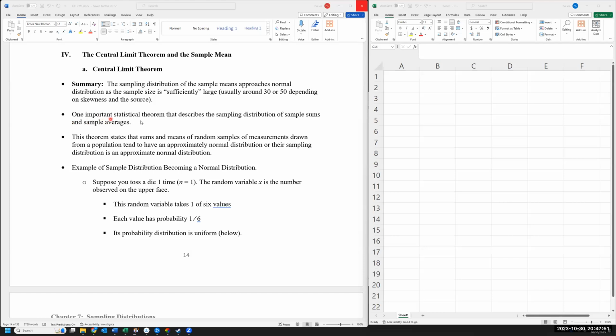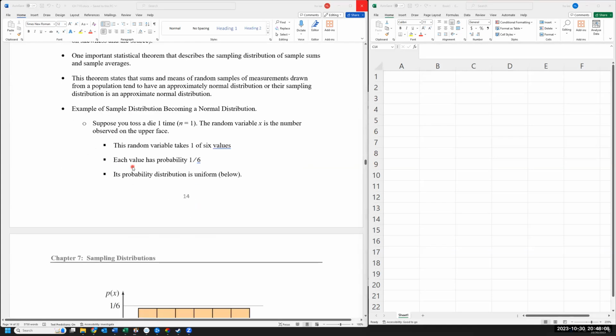It is one important statistical theorem that describes the sampling distribution of sample sums and the sample averages. Well, I didn't say it applied to the sums, but it does as well. So let's go through how this works with the following example.